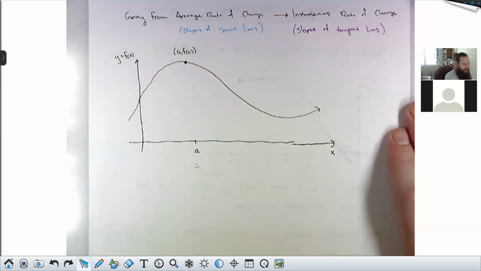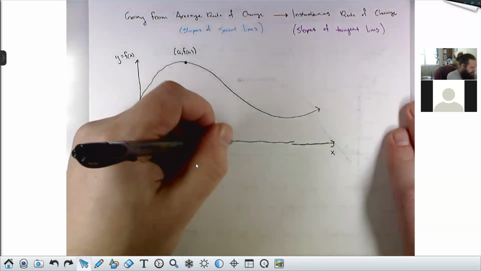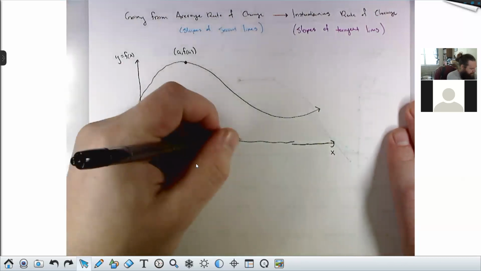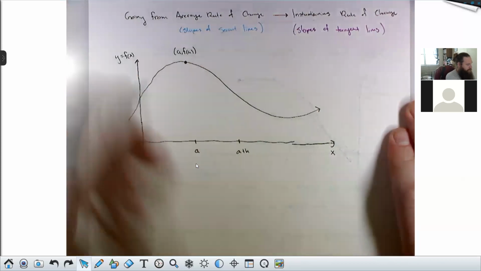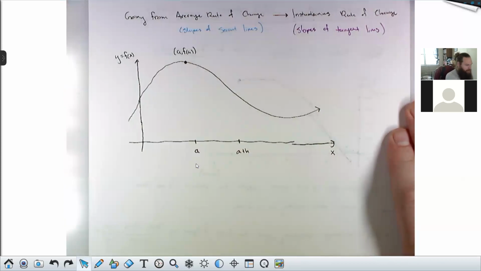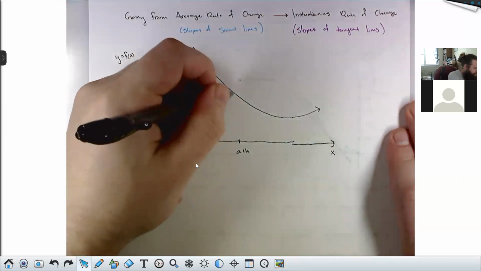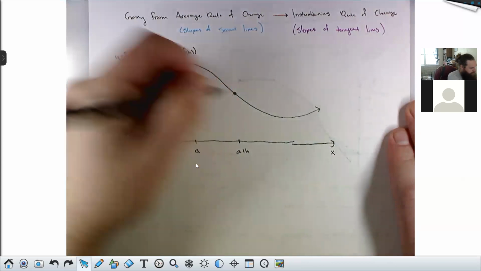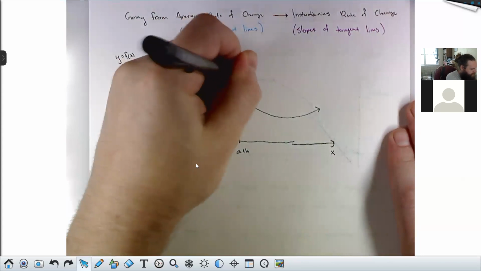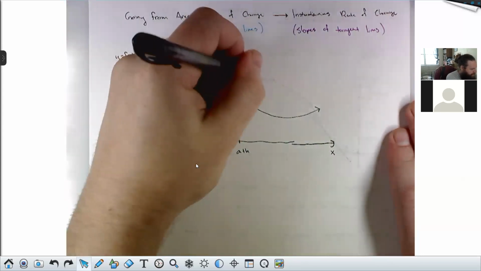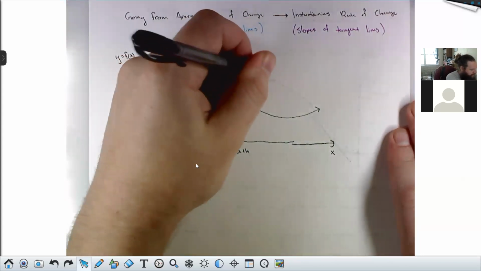If I let h be a small positive number, maybe something like this, then A plus h would be just to the right over here. So this point is A plus h, comma, f of A plus h.